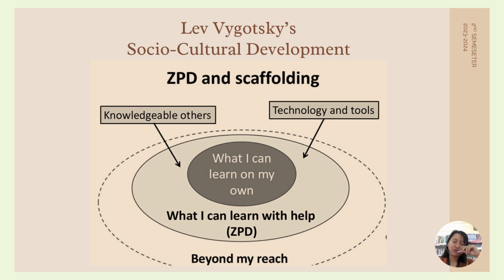So the main application of this theory is that learning occurs through interaction, through negotiation, and collaboration among learners. So, as teachers, our goal is to support students to engage in activities like discussion, exploration, and use of technology and the tools in order for the learning process to take place. Okay?